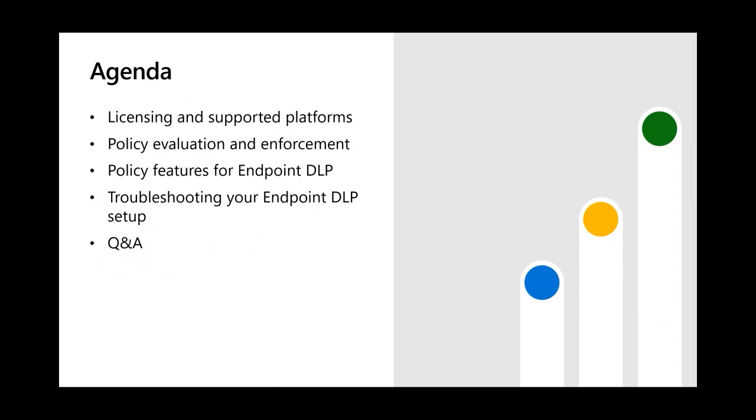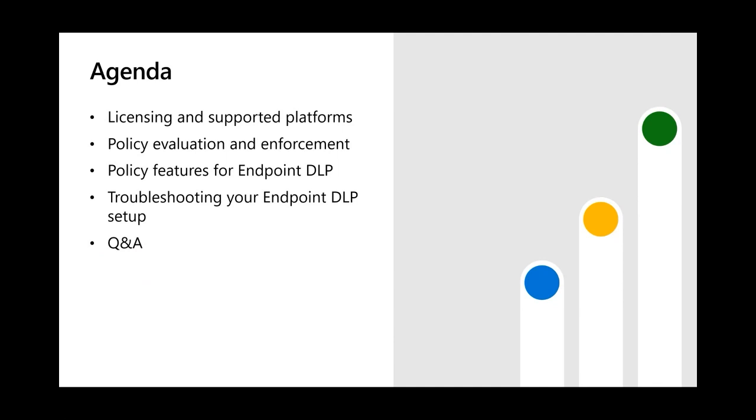Today's agenda. First, we'll be covering licensing and supported platforms, which tells us about license requirements, OS versions, and browsers supported by Endpoint DLP. Then we'll cover policy evaluation and enforcement.